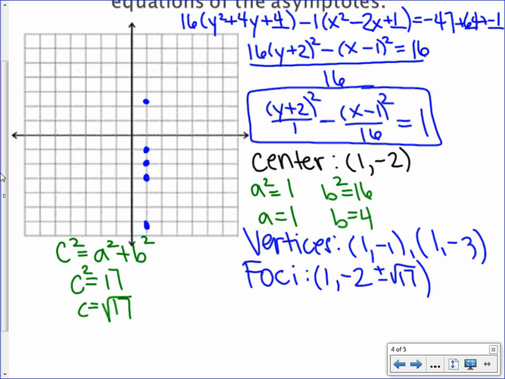Now the real fun begins. We need our asymptotes so we can draw in our curve. Since B is 4, I'm going to go B away horizontally, since this is a vertical hyperbola, and I'm going to plot points very lightly. With my vertices and these 2 points, we're going to make a frame. How do we draw in our asymptotes?